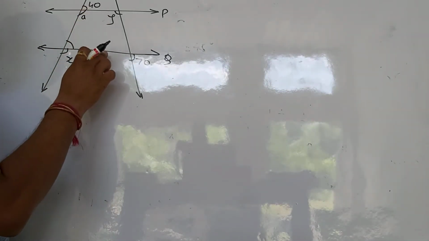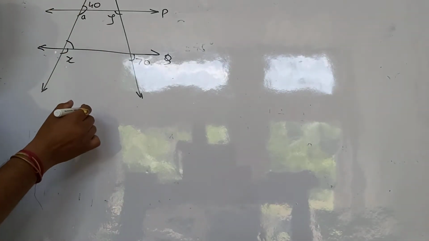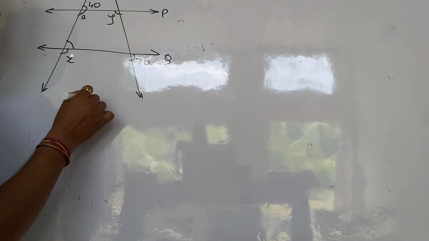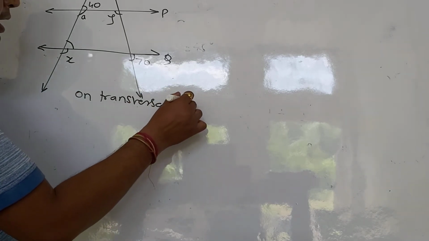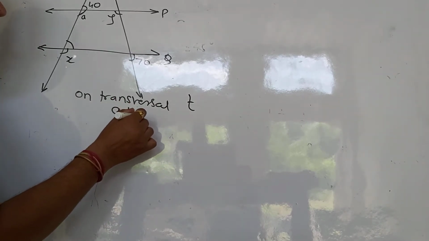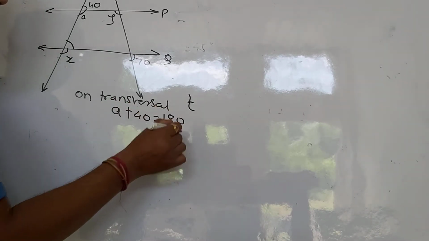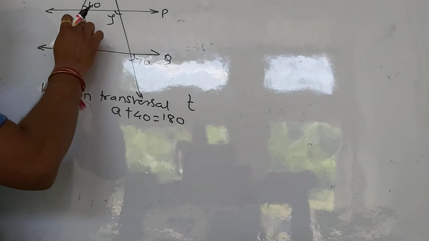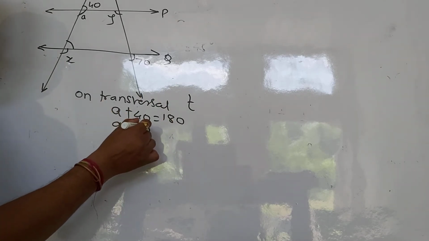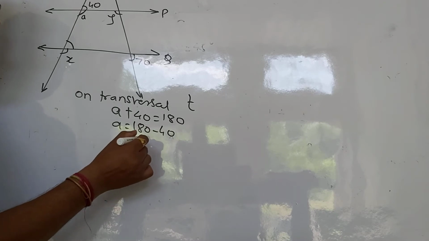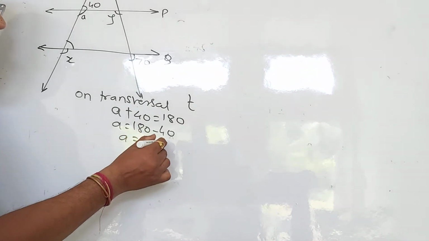Now as P is parallel to Q, on transversal T, A plus 40 is equal to 180. Why is it so? As these both angles are adjacent angles. Adjacent angles are always supplementary. Take 40 to the right side, 180 minus 40, you will get A is equal to 140.